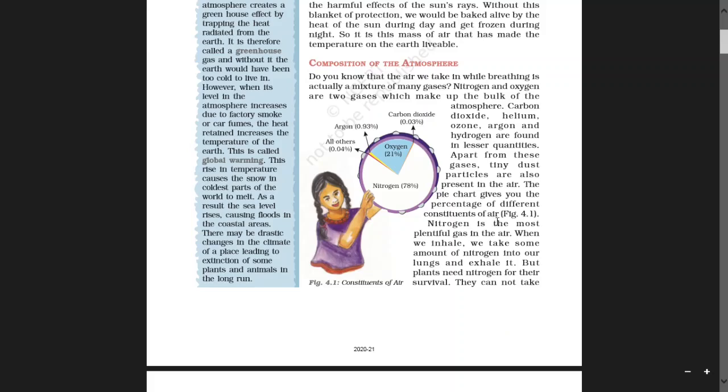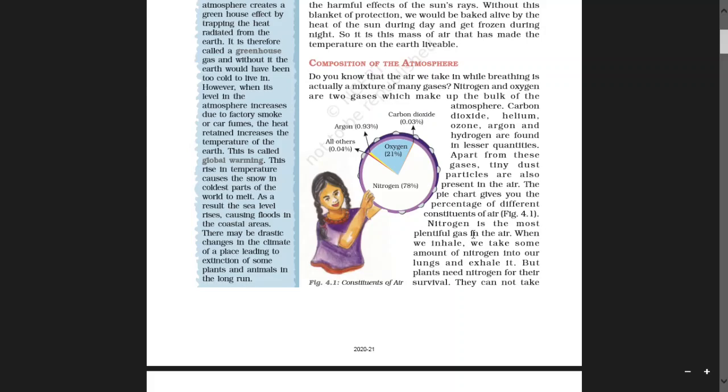Have a look at this round pie chart, where it indicates the different gases and their percentage: oxygen, nitrogen, and all other gases such as argon and carbon dioxide. It is given in figure 4.1.